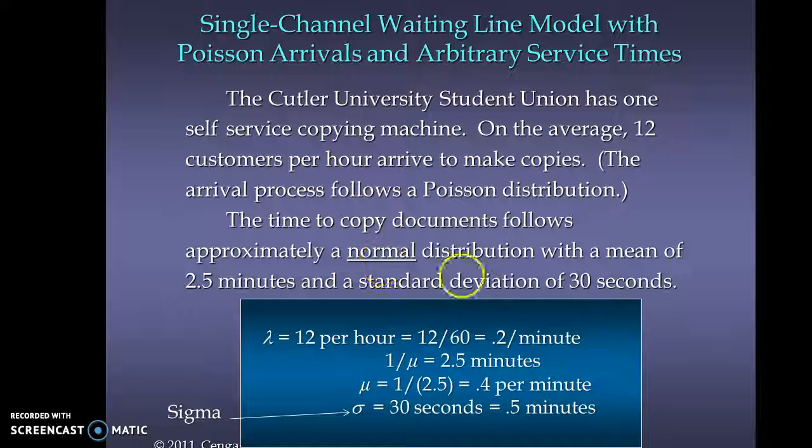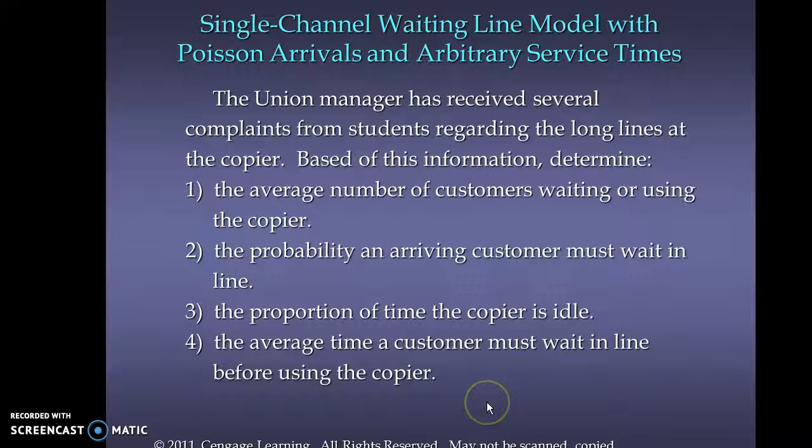It's not known, it's not fixed, and it doesn't have a Poisson distribution. It has some variation around a mean. So if I get a common lambda and mu, I express these on a per minute basis. Sigma is expressed as a standard deviation of 30 seconds, and we can convert that to minutes, 0.5.